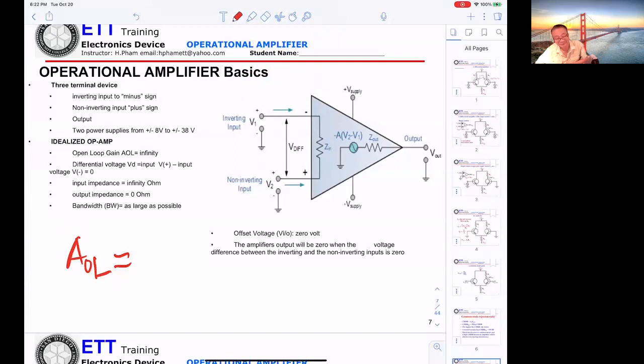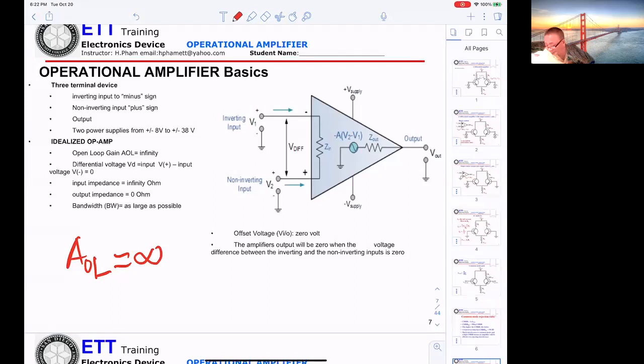Infinity. That means when you get an op amp, you want the maximum gain. Ideal will be infinity, cannot be bigger. Okay? Output impedance.